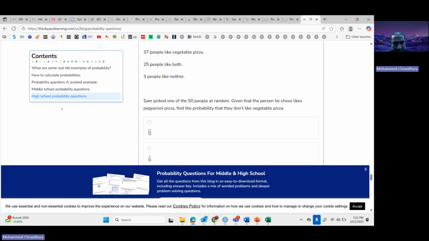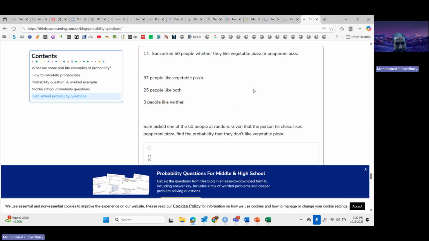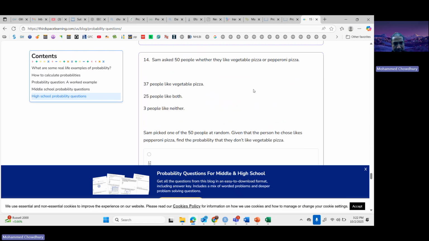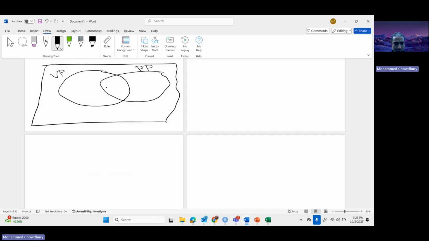So the question was, he asked 50 people, 37 of them like vegetable pizza, 25 like both. So 37 minus 25 is equal to 12. 12 like only vegetable pizza. So here, only pepperoni pizza is 0.